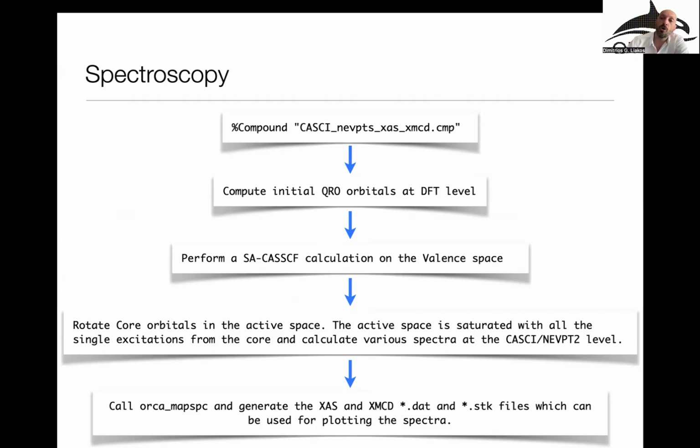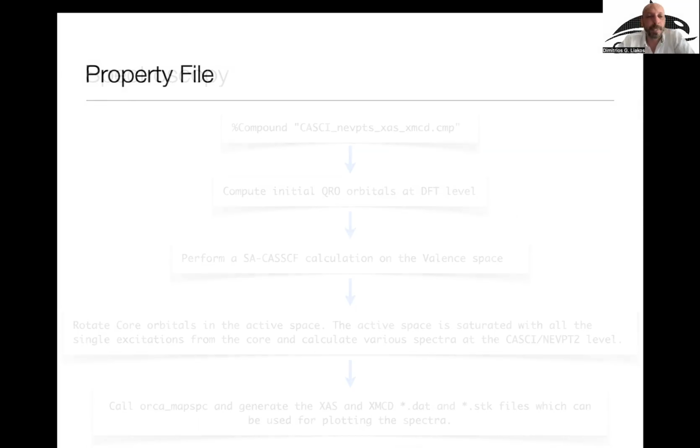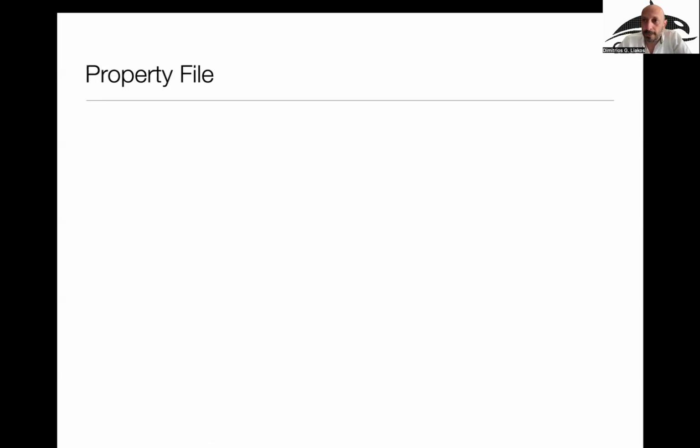Then it will also call the ORCA map SPC and generate the spectra. As you can see, it does all the steps. The only thing one has to do is give the geometry, call the script that is available, and maybe give some details about which orbitals we want to rotate, and that's all.